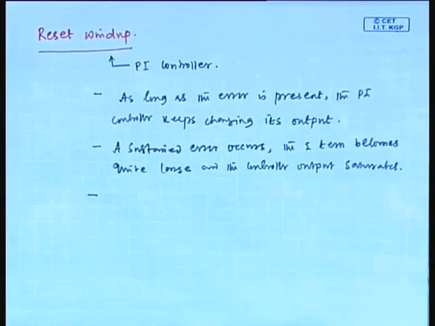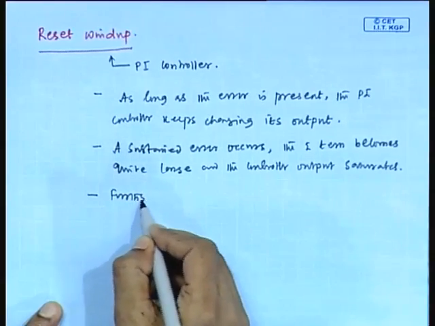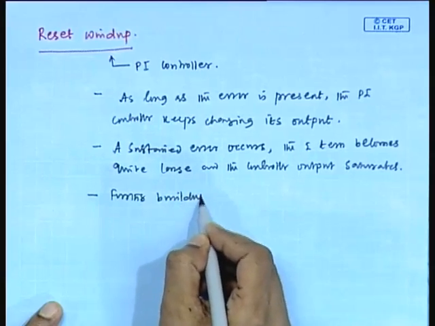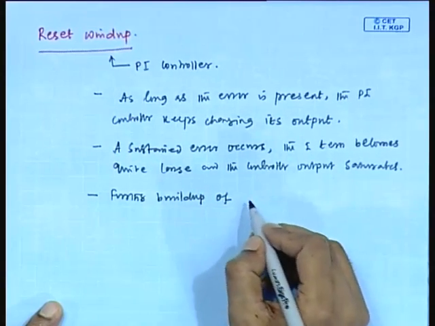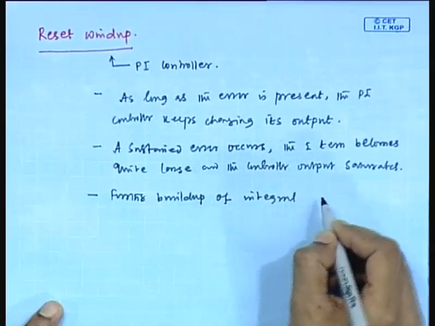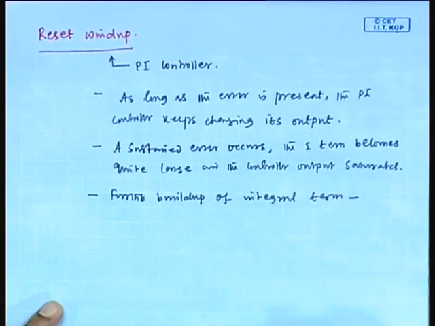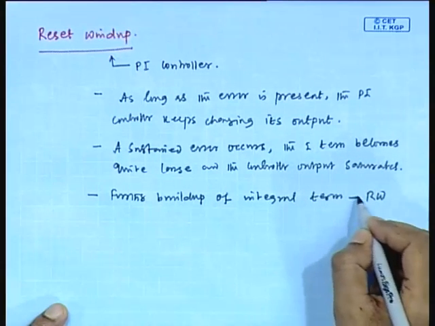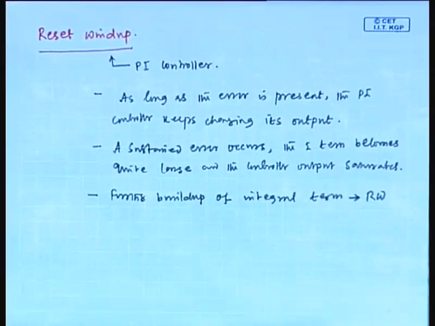Further build up of integral term is referred to as reset wind-up. So, as long as the error is present, the controller keeps on changing its output by integrating the error.